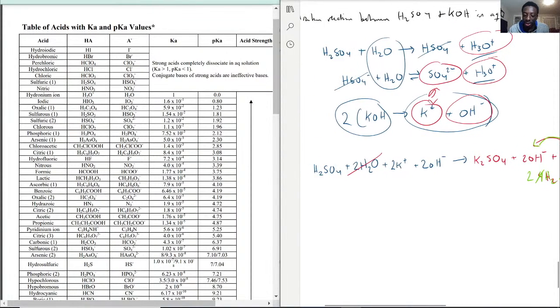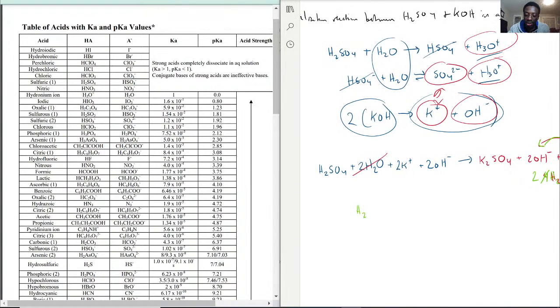So what's left over in the equation is H2SO4 plus 2 potassium. And don't forget your aqueous sign.